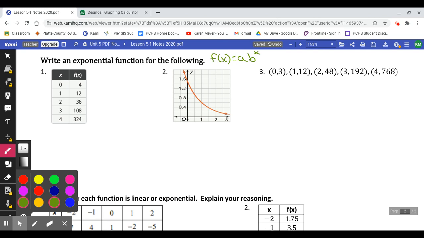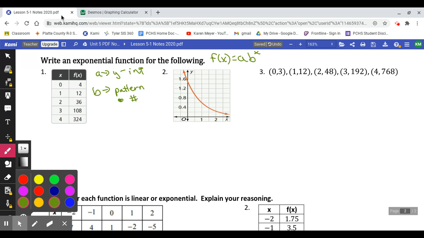And remember, once again, a is the y-intercept, and b is the pattern for the multiplication number.